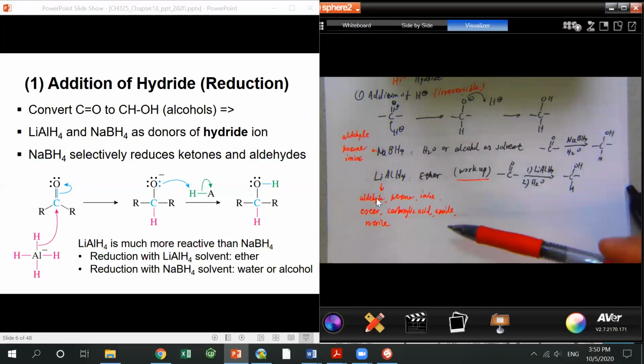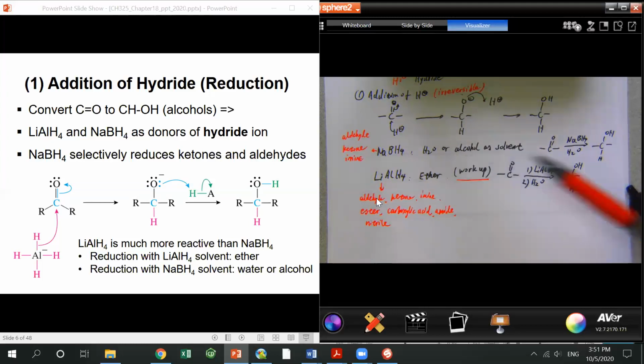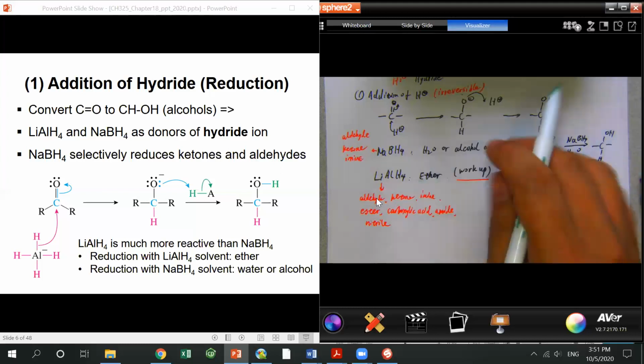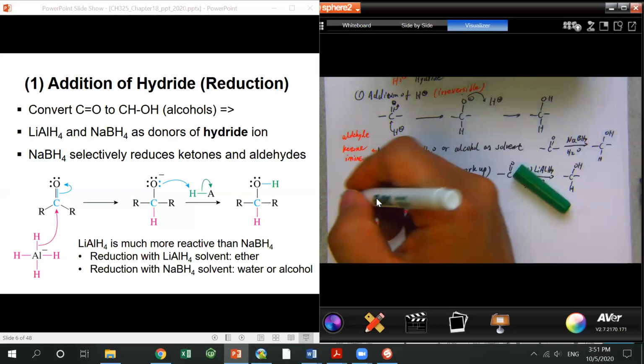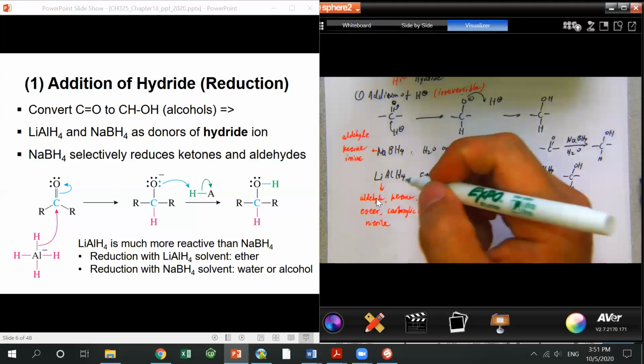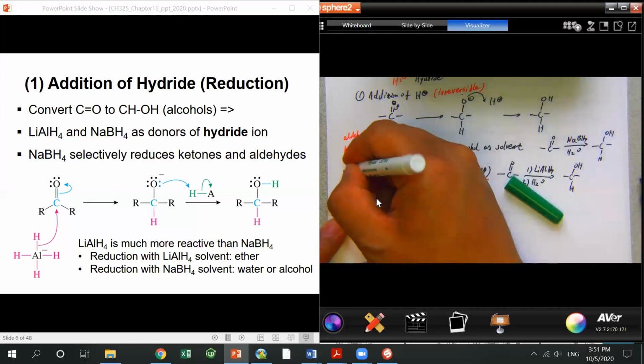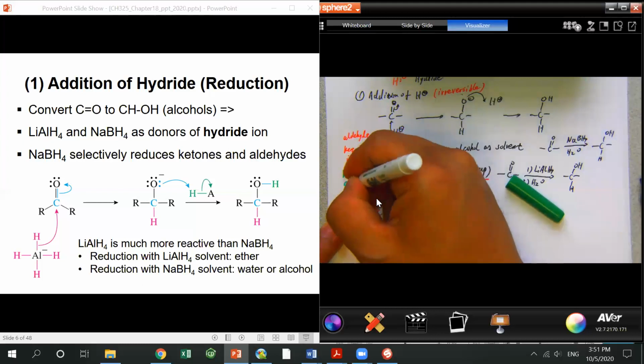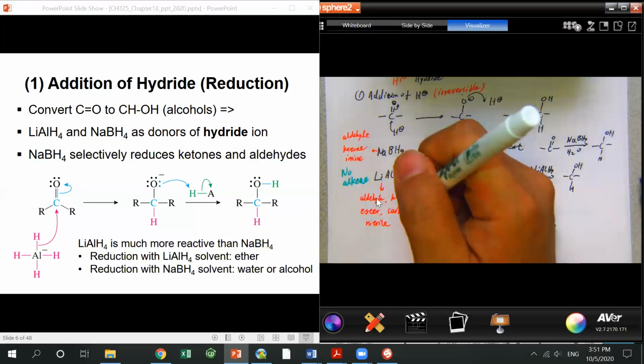Later in this chapter we will learn some selective reduction reactions. When you try to reduce certain chemicals, you have to think about whether the reagent can reduce only one functional group or two. For both lithium aluminum hydride and sodium borohydride, they cannot reduce the alkene, the C=C bond.